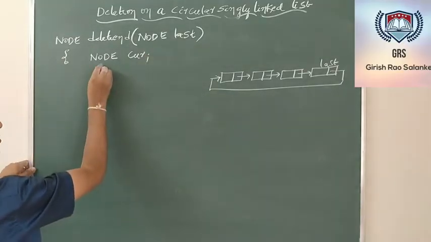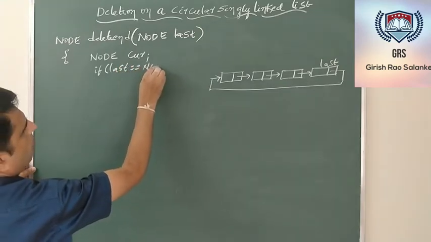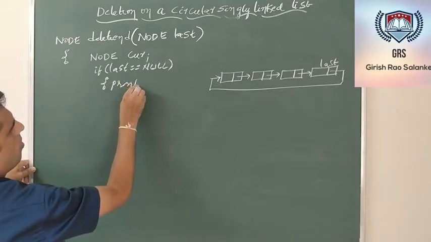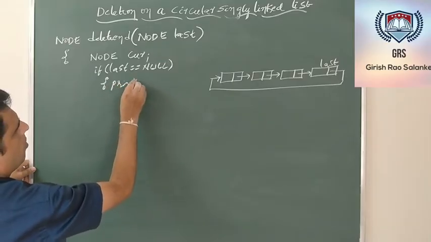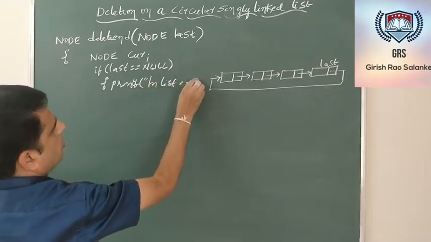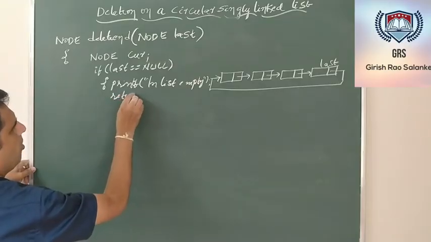So what we do, first thing is if last is equal to null, printf list empty, return null.